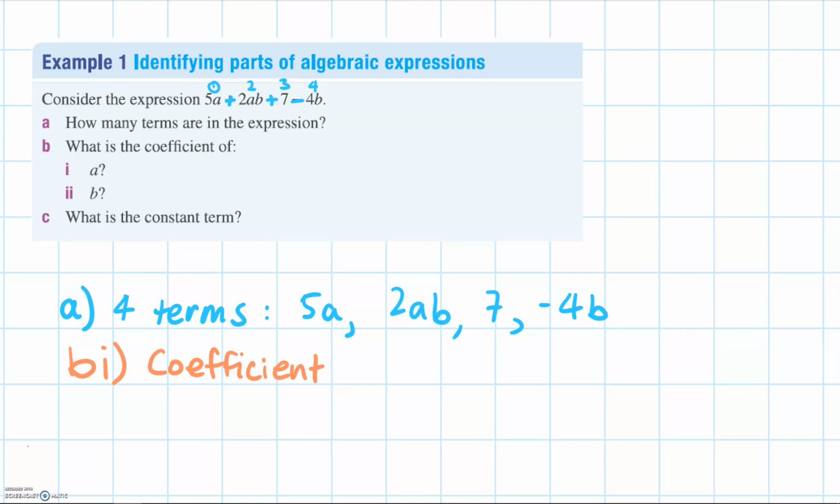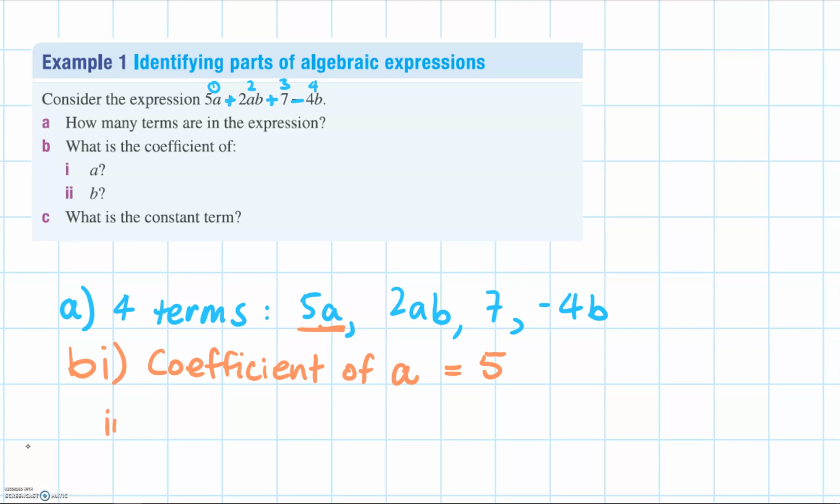Now, there are actually 2 terms that have a's in my expression, 5a and 2ab. But only one of them is actually just a by itself. It's just the 5a. So if I want to find the coefficient, I just look at the number in front of 5a. So the coefficient of a is just equal to 5.